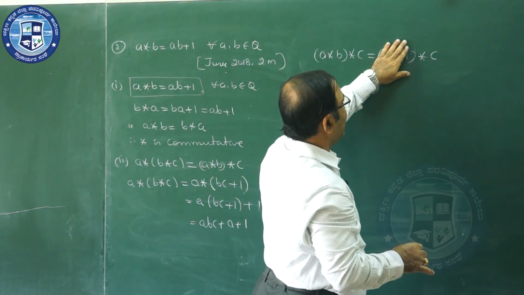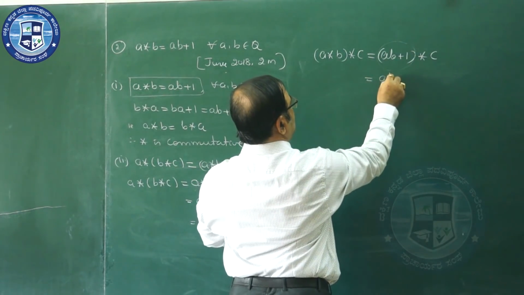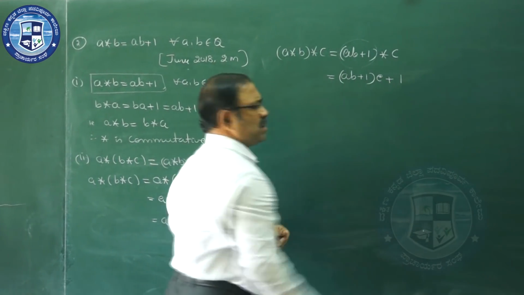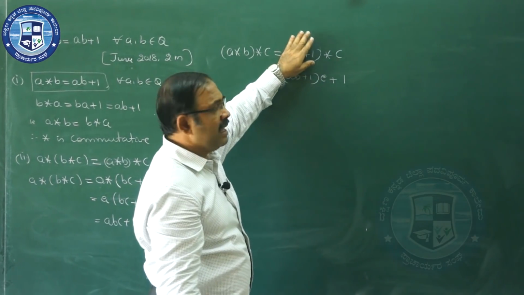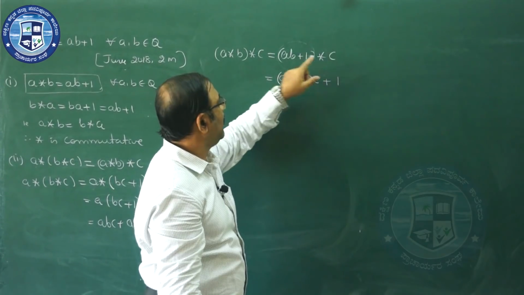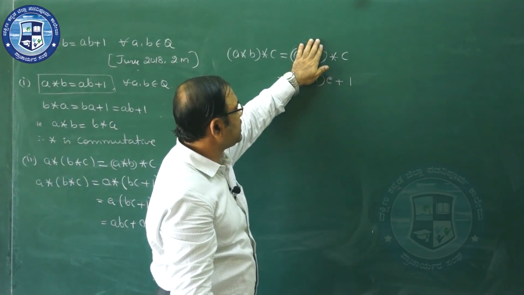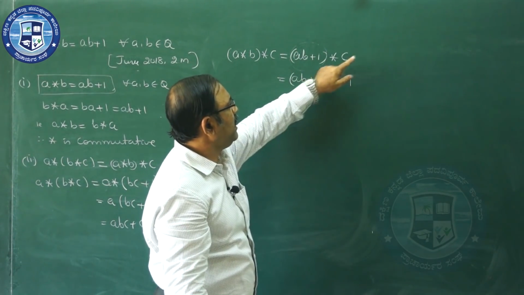A star C means (AB plus 1) into C plus 1. See, AB plus 1 is taken as the first, C as the second.